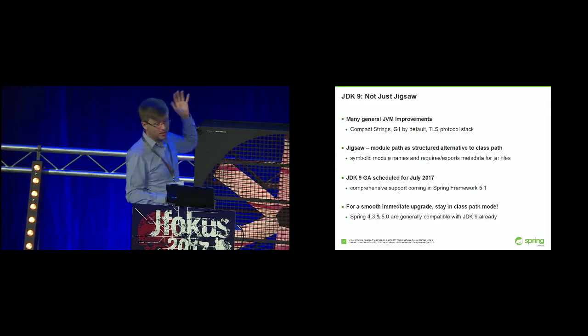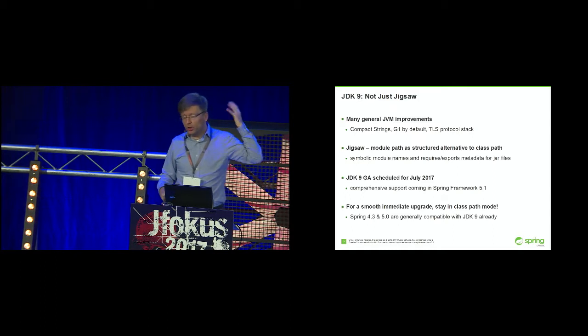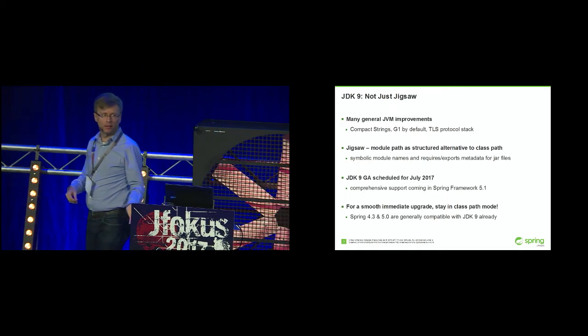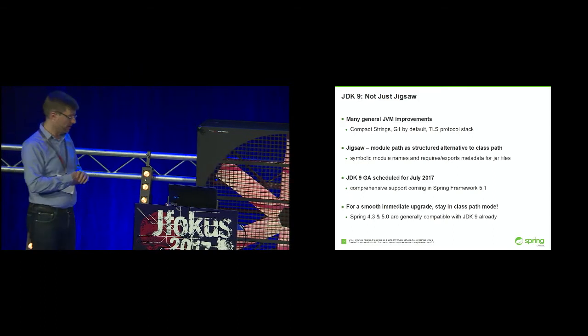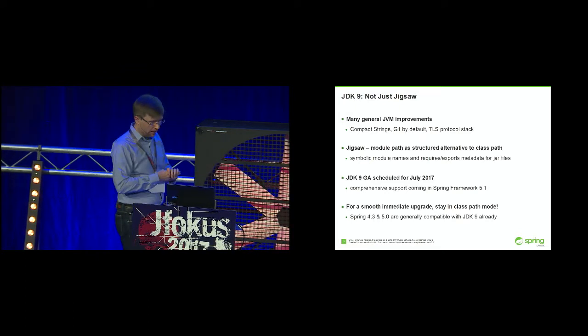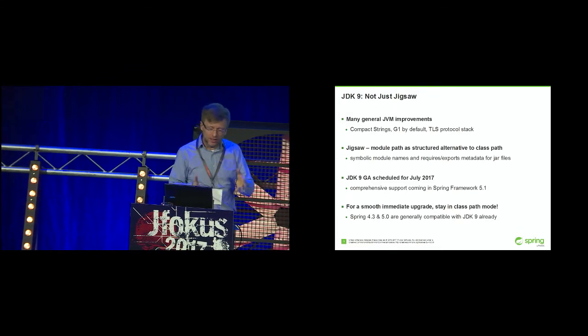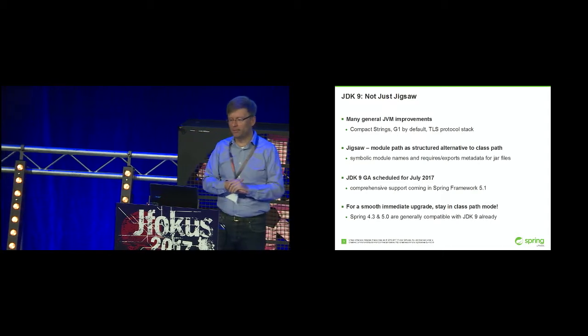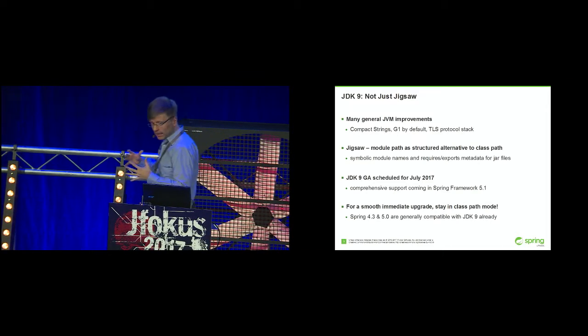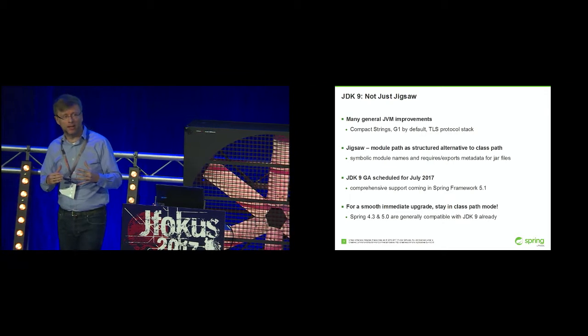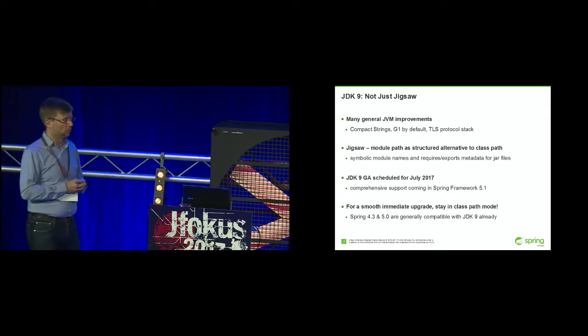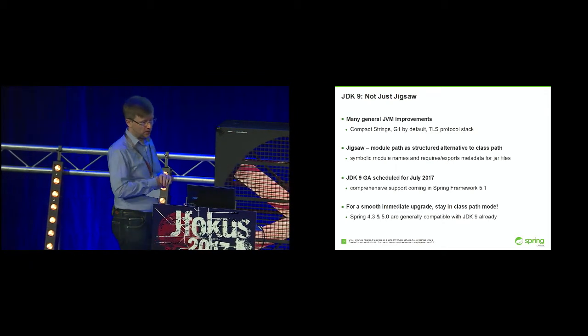G1 may have been around, but is the default now. There's an HTTP2 enabled protocol stack, at least intended to come with JDK 9. Will probably appear in a JDK 8 upgrade as well. The final word hasn't been spoken there yet. But there are many things coming in JDK 9 that make it worth upgrading to. It's not just about Jigsaw.